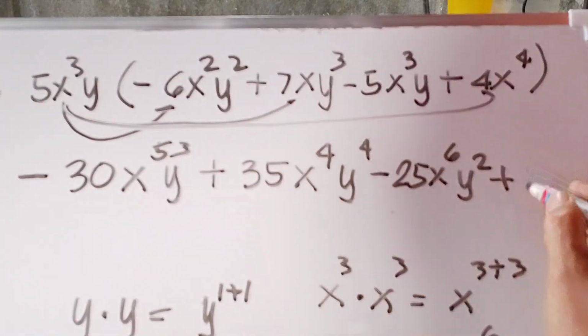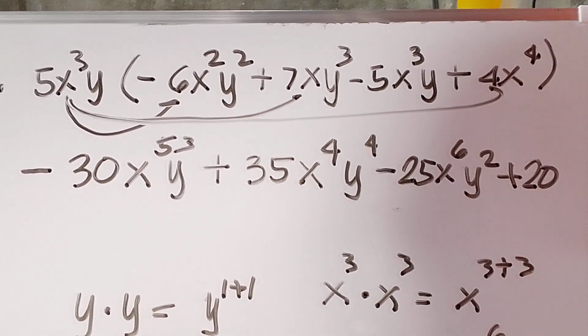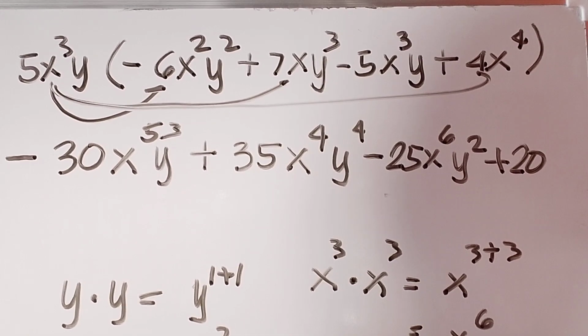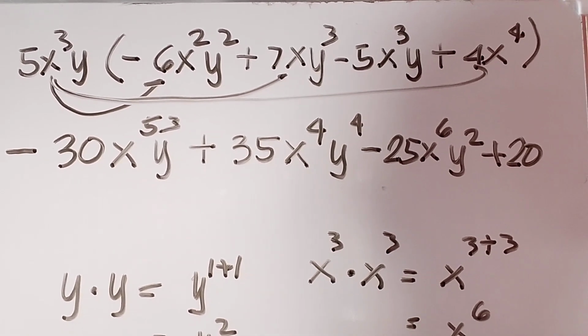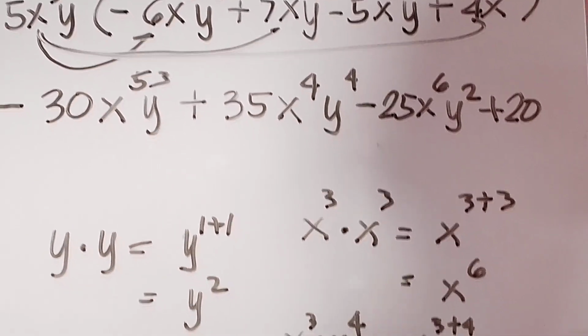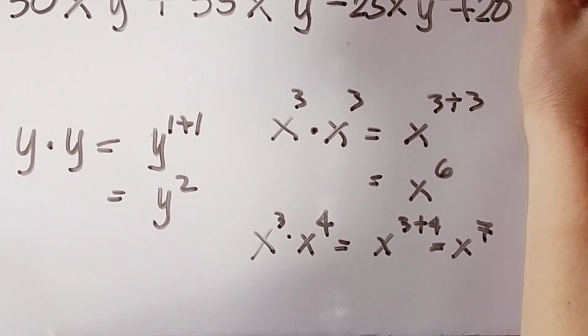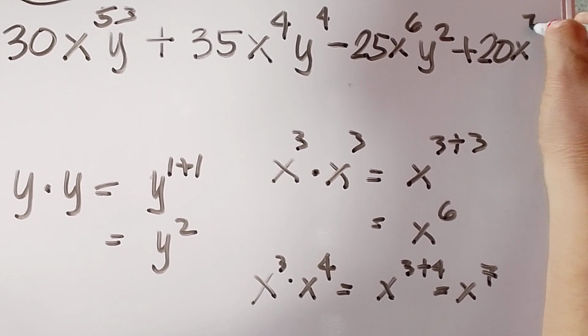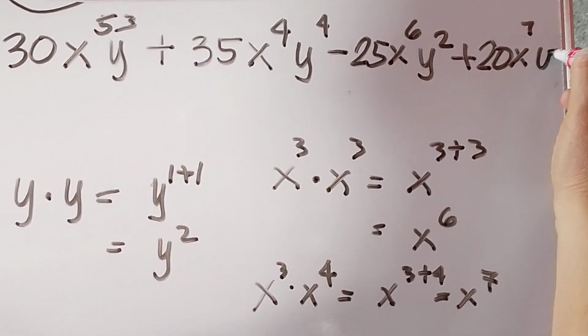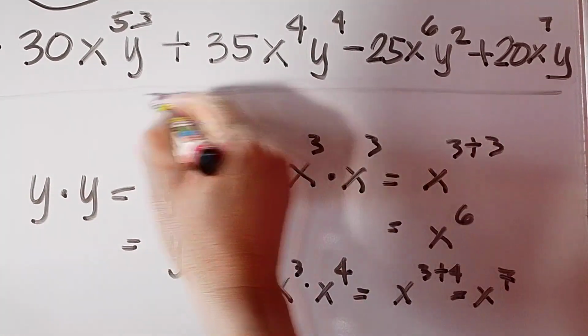And then 5 times 4 is 20. x cubed times x to the 4th. So copy the base and then add the exponents, 3 plus 4. So this will be x to the 7. And then there is no y in here, so just copy y. So this is for number 5. That's all.